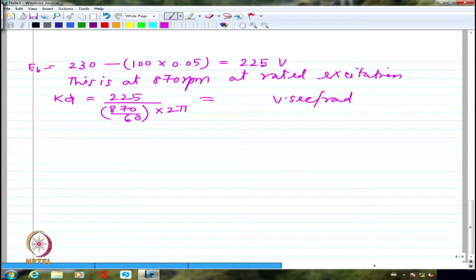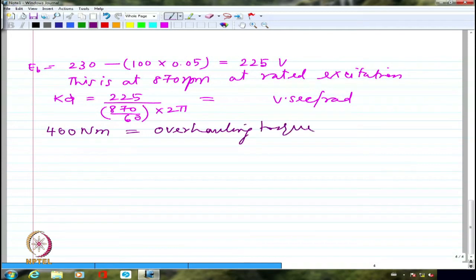Okay. Now what is being said is 400 Newton meter is the overhauling torque, which is actually, I should say, minus 400 Newton meter.